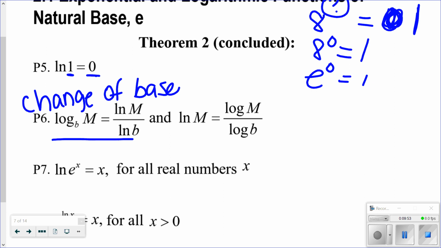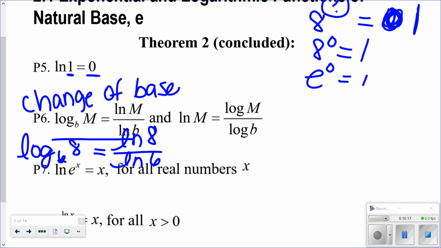Okay, so if I have log base 6 of 8, well, my calculator doesn't know log base 6. My calculator knows log base 10 or natural log. So I can change it, and it doesn't matter which one I do. I can do natural log of 8 over natural log of 6. That will get me the answer.